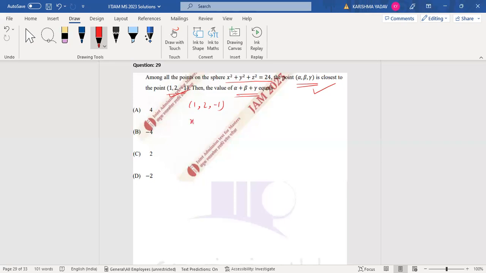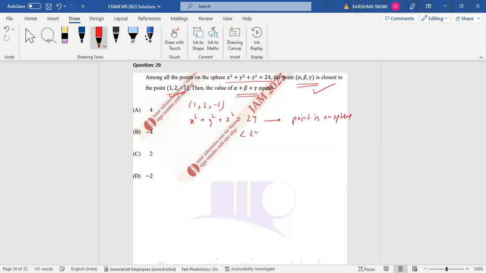We have the equation of the sphere, x square plus y square plus z square equals 24. By putting the values of x, y, z into this equation, if the result is equal to 24, then the point is on the sphere.